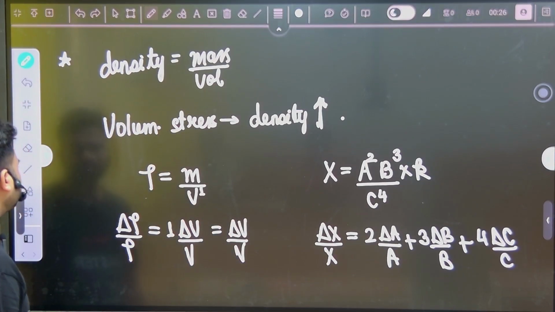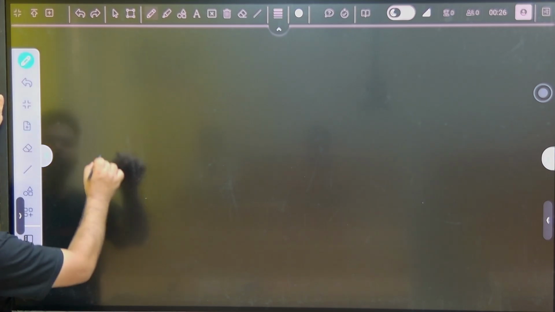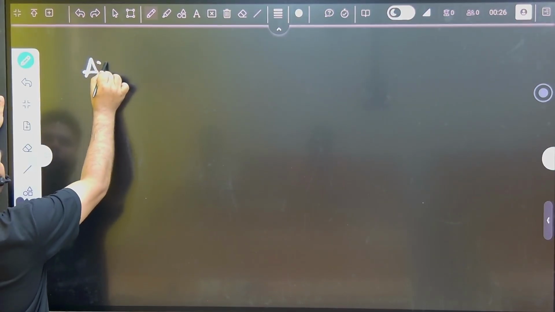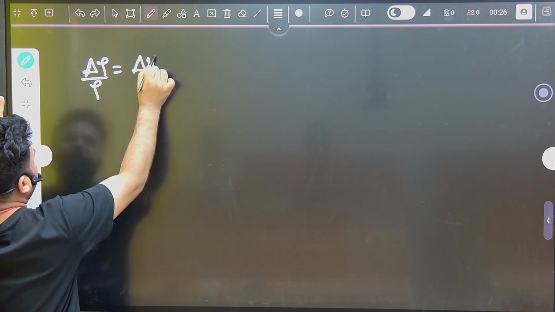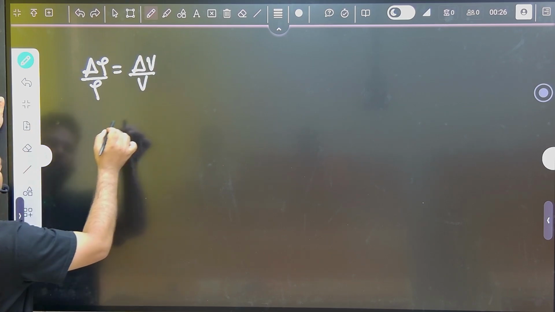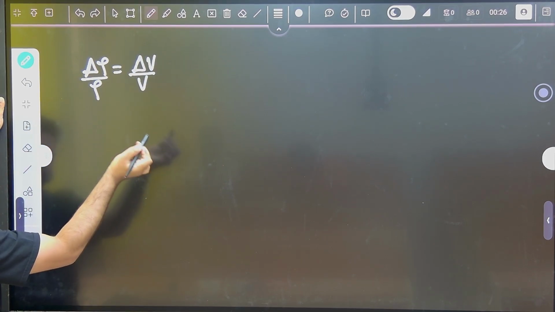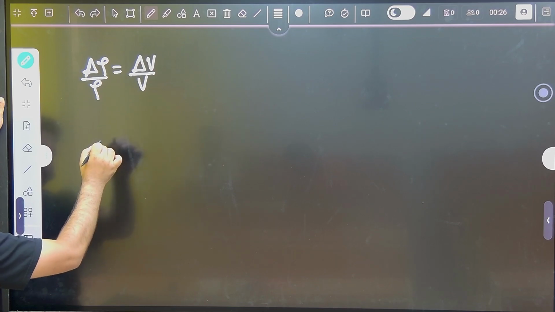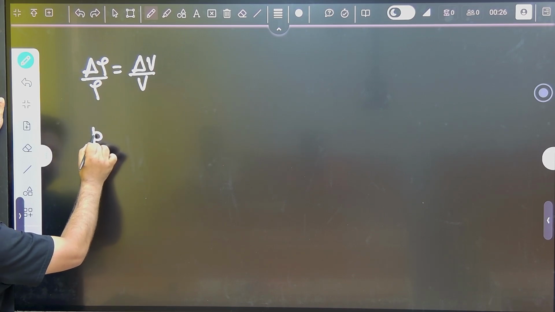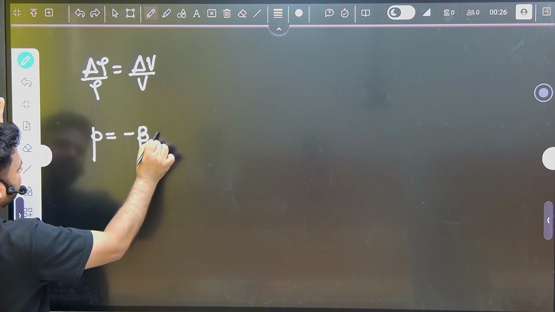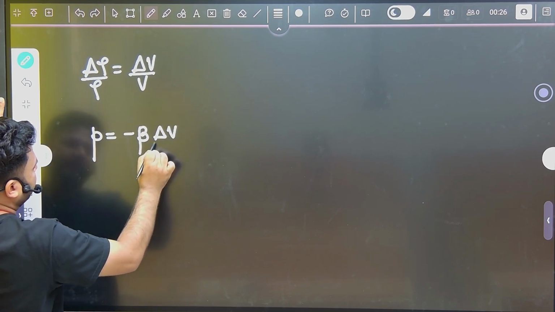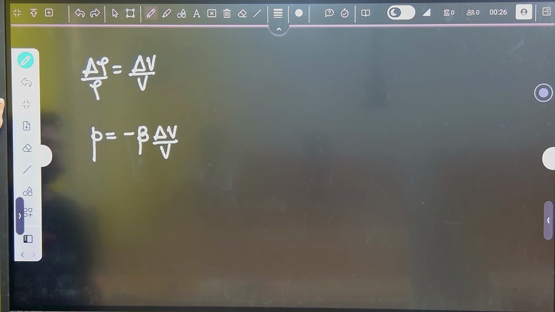Now see what I am saying, delta rho by rho equals delta V by V. And we know from stress equals K into strain, stress was pressure, the constant was bulk modulus, and strain was delta V by V. Correct?